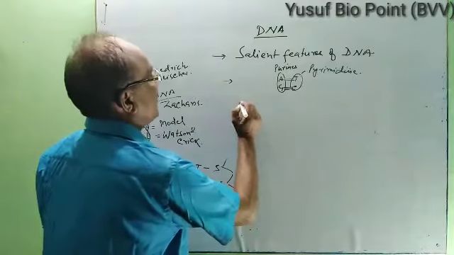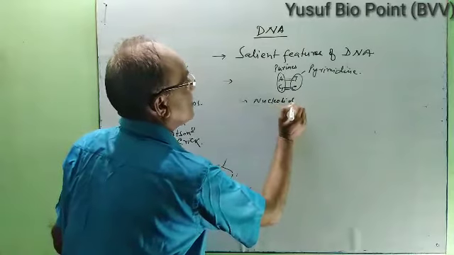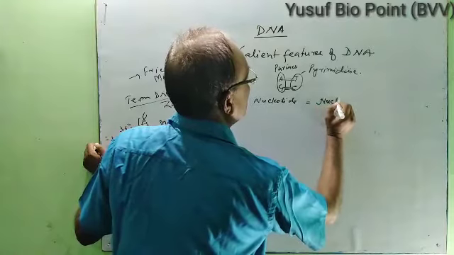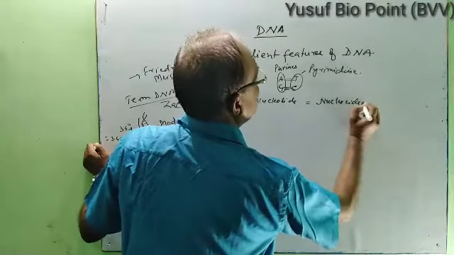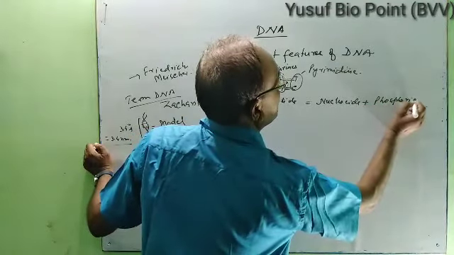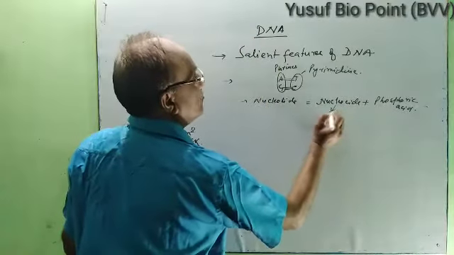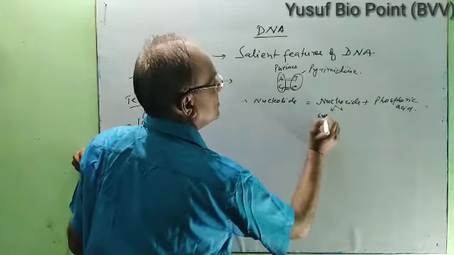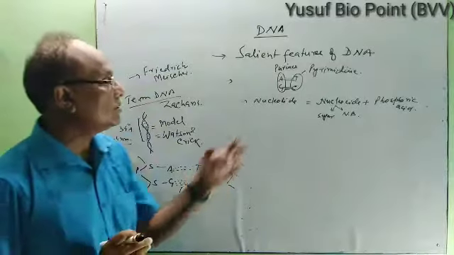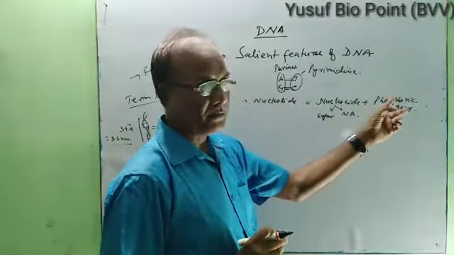So we can say that nucleotide is composed of nucleoside plus phosphoric acid, and this nucleoside is composed of sugar plus nitrogenous base. So the DNA contains nucleotides, that is nucleoside plus phosphate.